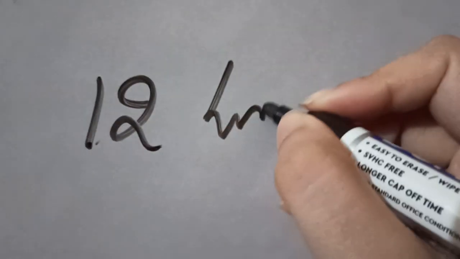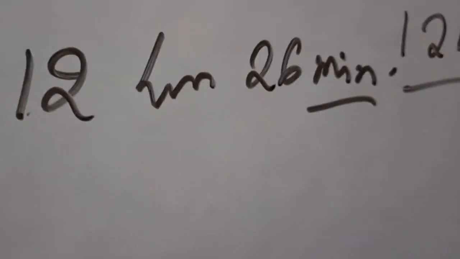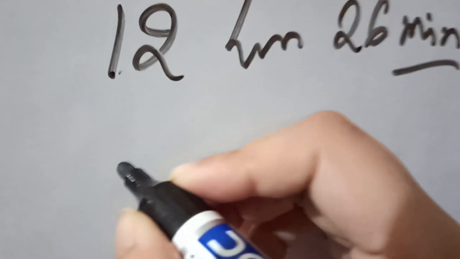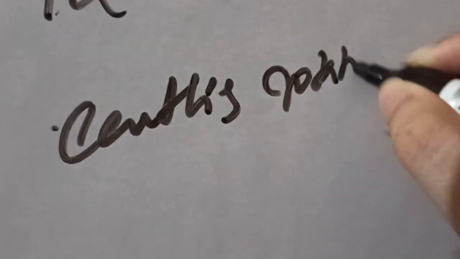They occur at an interval of 12 hours and 26 minutes. This is because the moon is revolving around the earth in the same direction as the direction of the earth's rotation. Okay, that is from the west to the east, and it completes one revolution in 28 days.